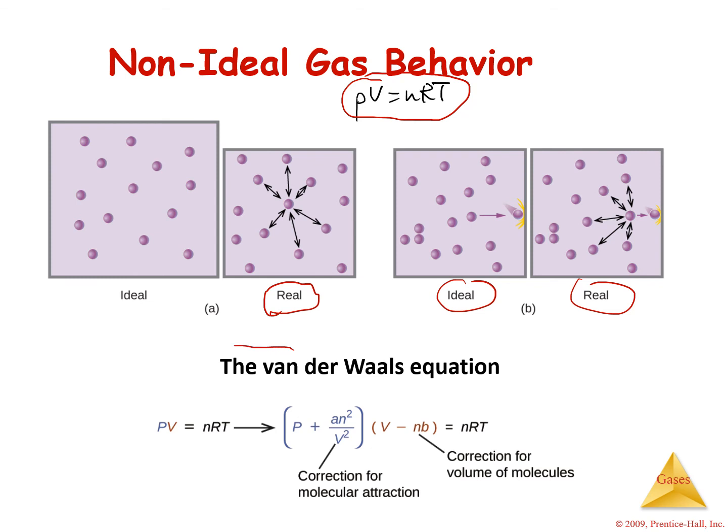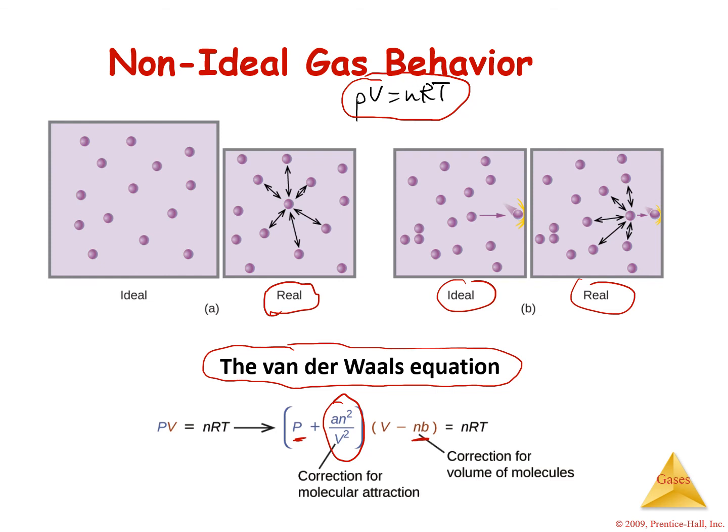And one of the corrections, which of course accounts for these attraction forces, is the so-called van der Waals equation. And the van der Waals equation gives you a correction for the molecular attraction in the pressure part and the volume part. You can definitely see that if these corrections are zero, then this equation would be P times V equals nRT.